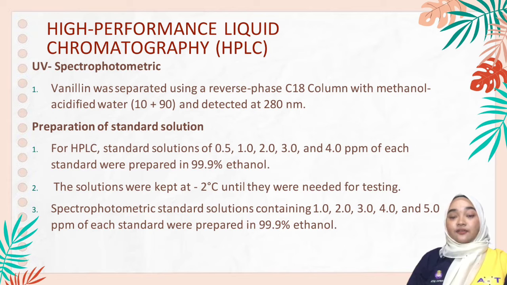Then, for preparation of standard solution, in 99.9% ethanol, standard solutions containing 0.5, 1.0, 2.0, 3.0, and 4.0 ppm of each standard were prepared for HPLC. The solutions were kept at -0 degrees Celsius until they were needed for testing. Spectrophotometric standard solutions containing 1.0, 2.0, 3.0, 4.0, and 5.0 ppm of each standard were prepared in 99.9% ethanol.